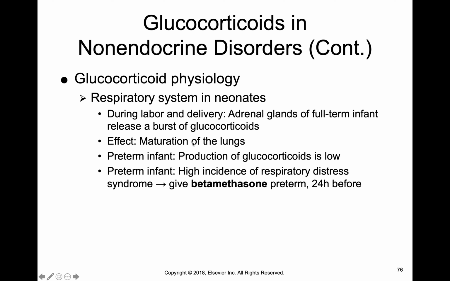What we would worry about is if you are a premature infant, you might not get this kind of response, and so you could have immature lung development. Studies have shown that if you're a preemie, to prevent the incidence of respiratory distress, we will give betamethasone at least 24 hours before birth, and then another dose right after.